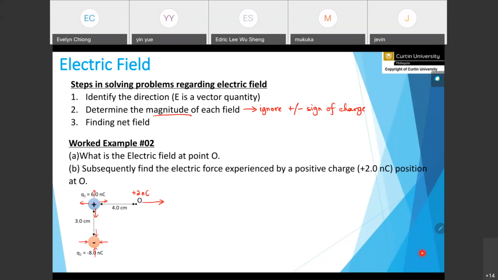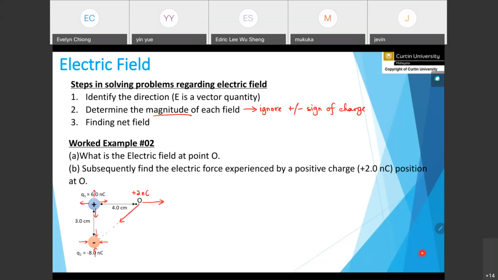So for the positive charge, 2 nanocoulomb at position O, due to Q2 it is going to be attracted because they are of different charges. One is positive, the other one is negative. So again, this one will be this way.